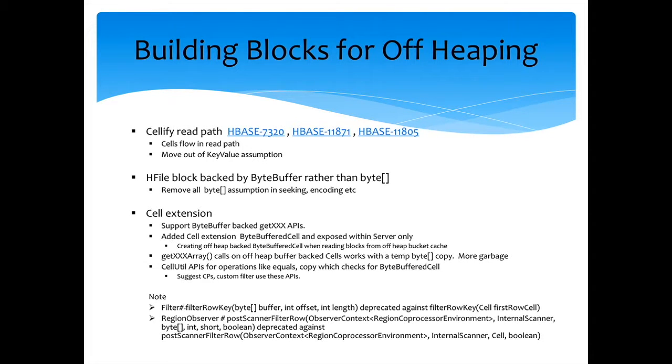The next step was to make the stage ready for the off-heap end-to-end path. When we started the work, as I said, cells were already in place. Prior to the 0.96 version, we had KeyValue, which expected the entire row key followed by column family, the value, everything to be backed by a single byte array data structure.